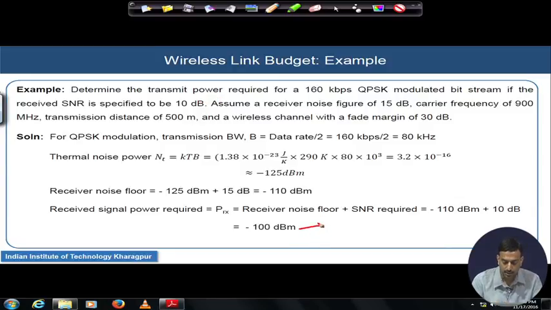This kind of required signal power also means the receiver should be sensitive enough in order to receive this kind of power. So this is generally termed as receiver sensitivity.